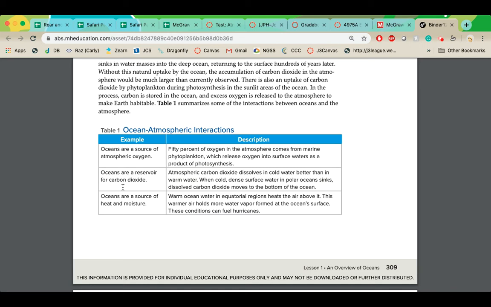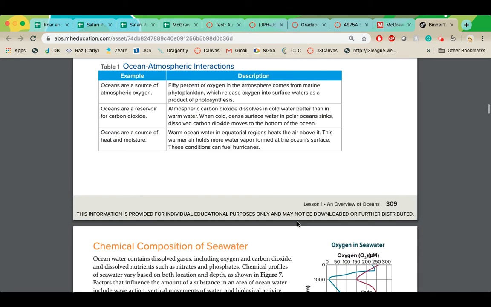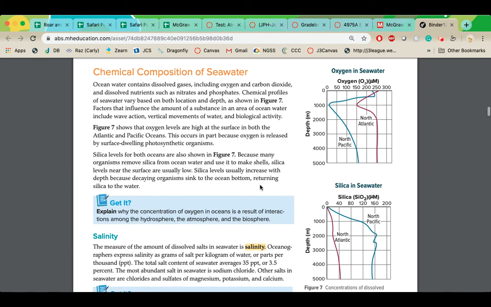So it gets rid of a lot of carbon dioxide for us that will actually move and sink to the bottom of the ocean. They're also a source of heat and moisture, which keep us warm and insulate us, and they also provide us rain. When that air passes over it, it collects a lot of water that is precipitation for us later.